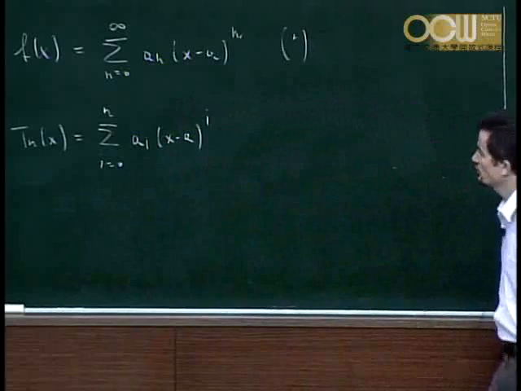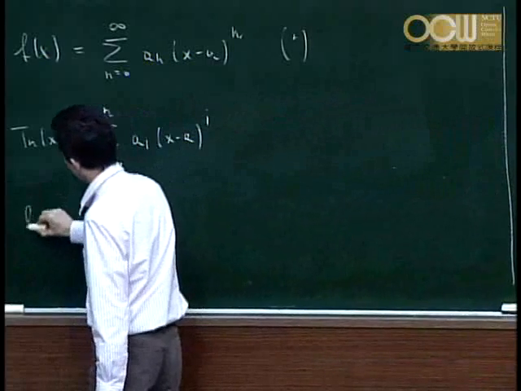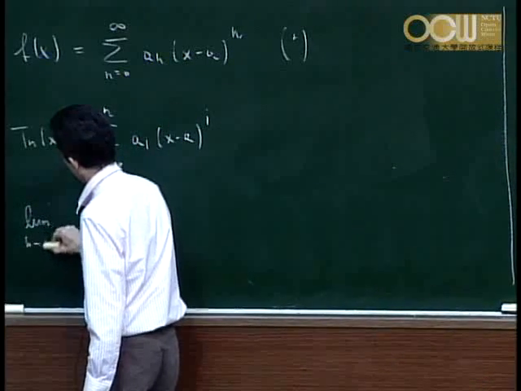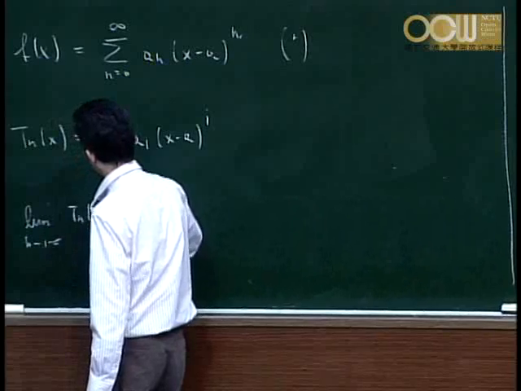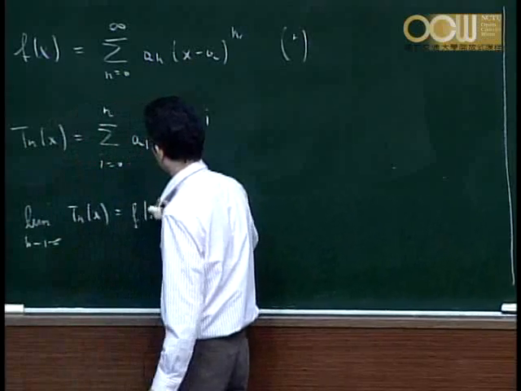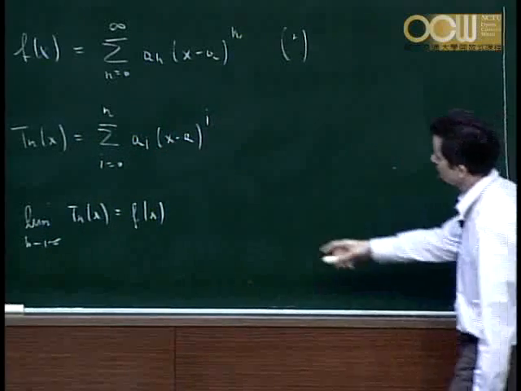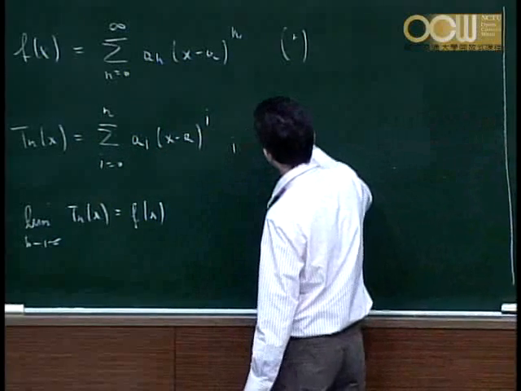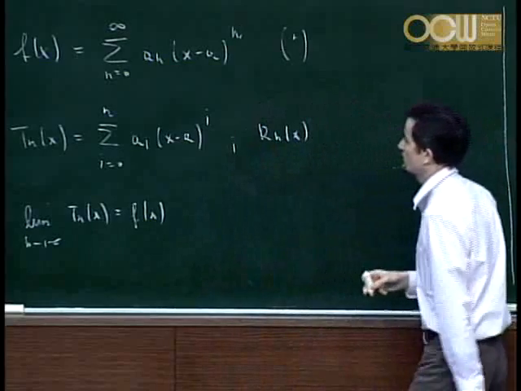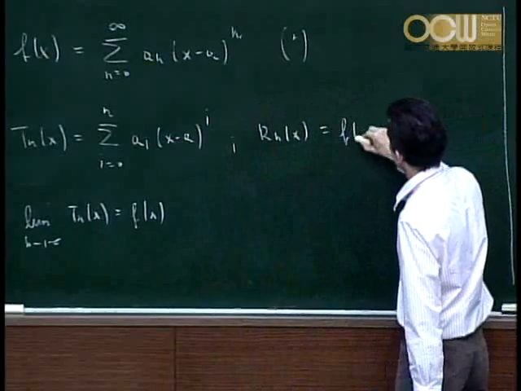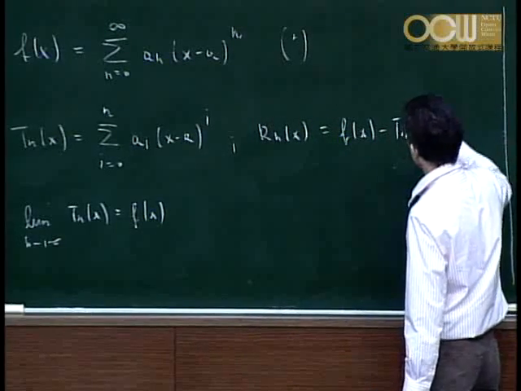And what we have to show is that the limit as n tends to infinity of Tn of x is equal to f of x. We can reformulate this by introducing the error Rn of x, which is just the difference between f of x and Tn of x.